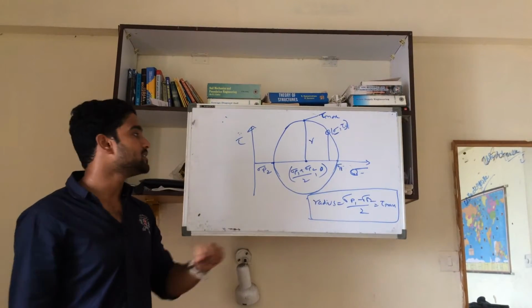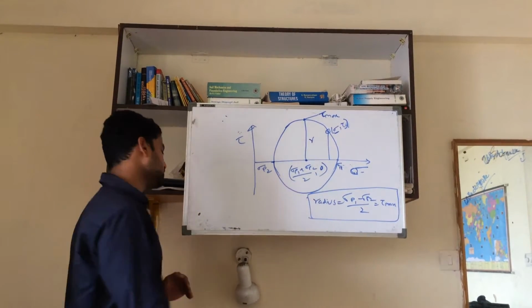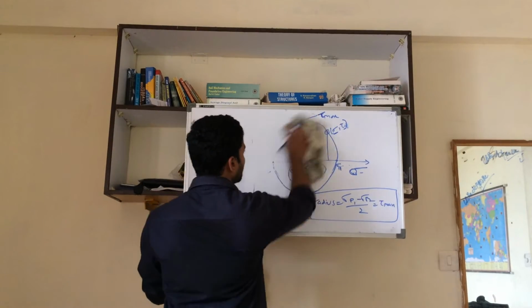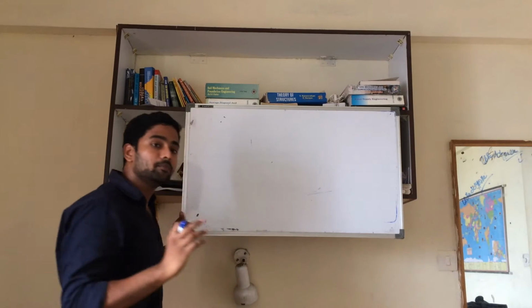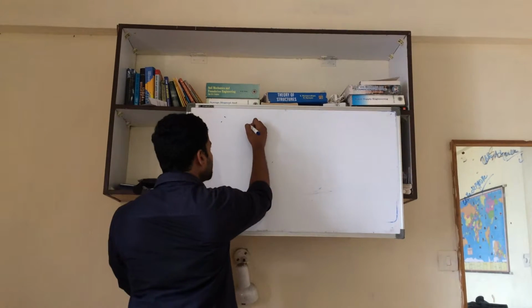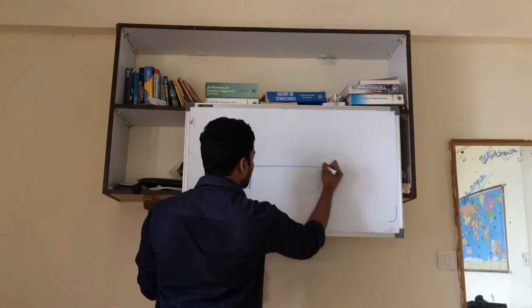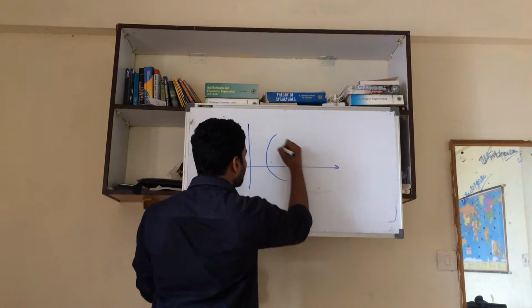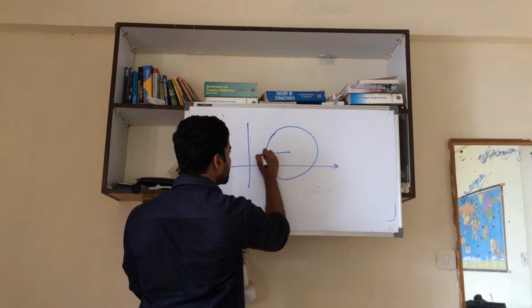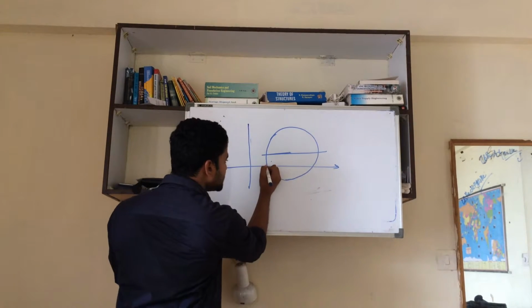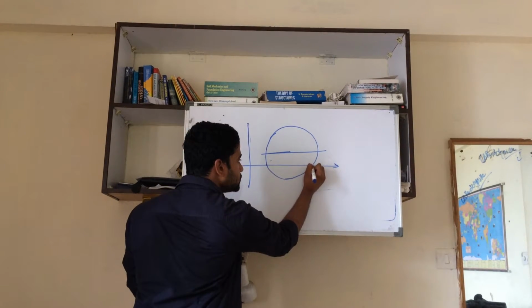And why do I have to keep the center on the sigma axis only? Why can't it be above or below? This question will be asked in interviews. If I keep the center of the Mohr circle above, this represents the plane on which tau is equal to 0.